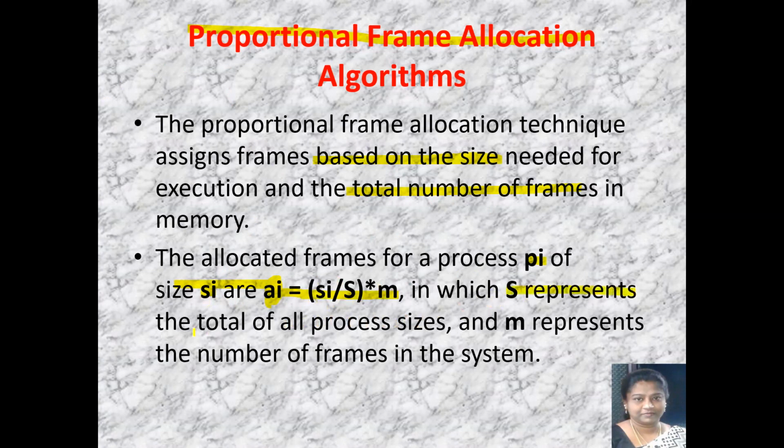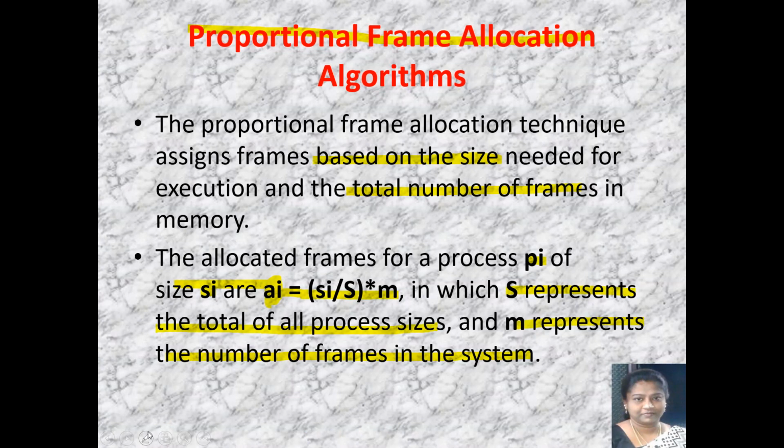S represents the total of all process sizes. And m represents the currently available number of frames in the system. When I do allocation based on this formula, I'll be able to give the frames to the processes based on their sizes. So that is the advantage of proportional frame allocation.